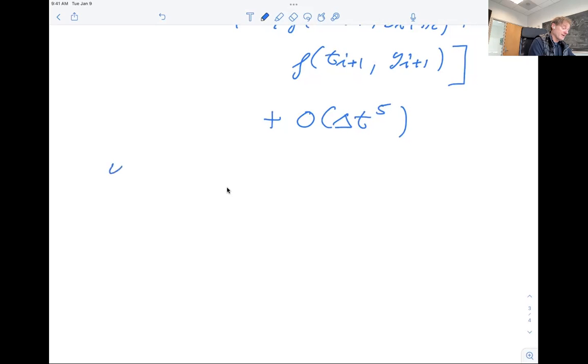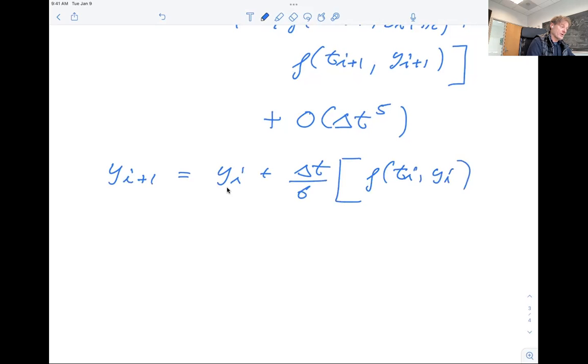So the recipe itself is going to be given by y_{i+1}. So this is given by y_i, and then we have the integral here, which goes like delta t divided by 6. And it has f at t_i, y_i, plus, but then we evaluate the slope at the midpoint twice.